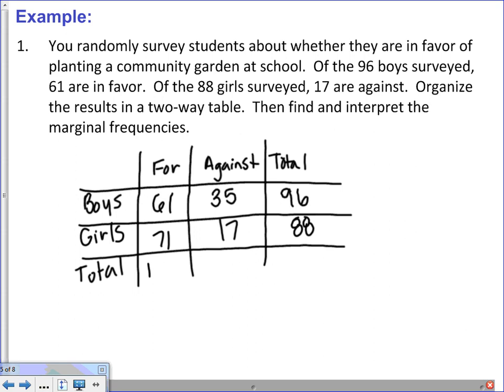So add down here, I'll get 132. Add down here, I'll get 52. And then I can check to make sure all my numbers are right, because 96 plus 88 must equal the same thing as 132 plus 52. It should come out to the same total, which this ends up being 184 either way I do it.